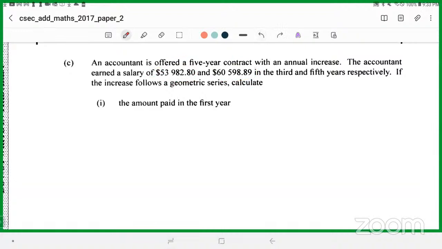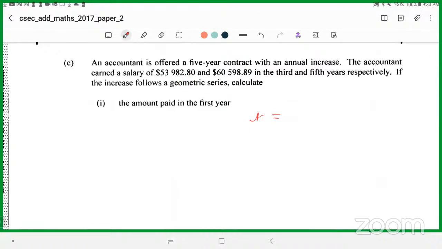For you to ensure the accuracy of this question, and this was a geometric progression question, a geometric series, when you calculate your R, you have to use a large number of decimal places because you're multiplying by a large number. Because this number has 1, 2, 3, 4, 5, 6, 7 digits, you maybe want to make your R go to 7 decimal places.